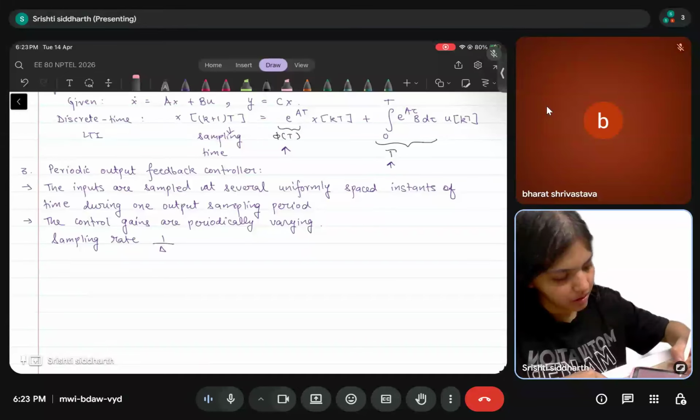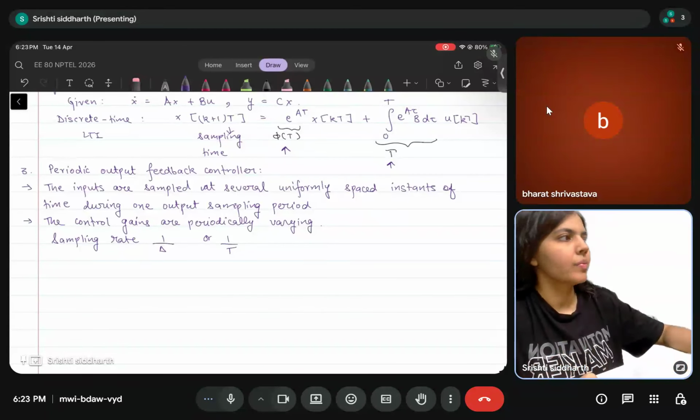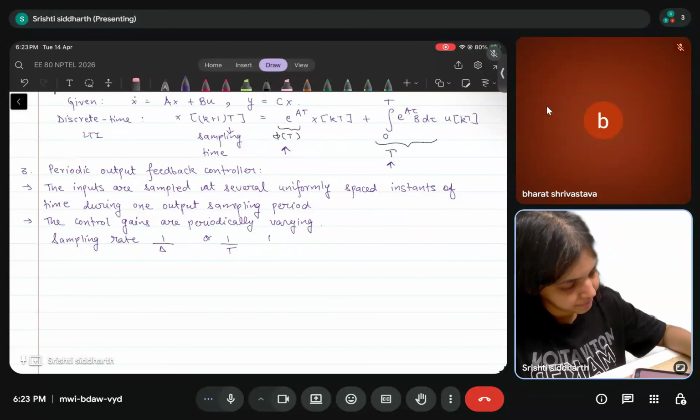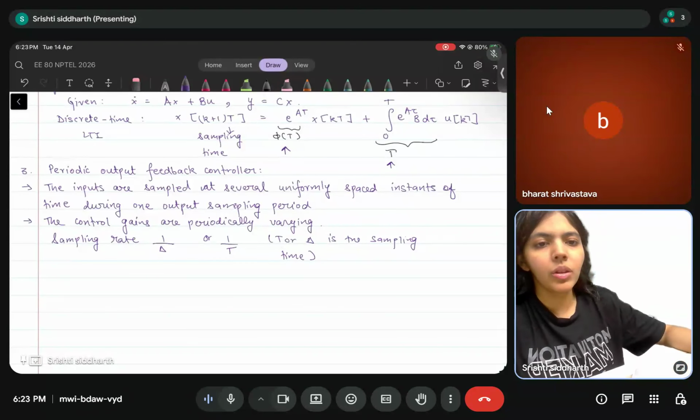It's going to be either 1 over delta or 1 over T, right? T or delta is the sampling time, and 1 over T would be the sampling rate, or the frequency.